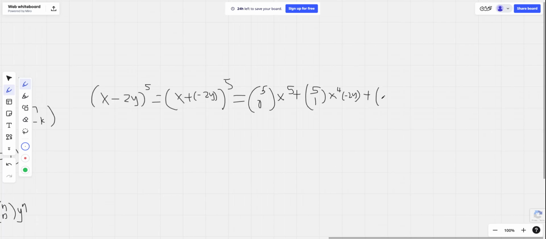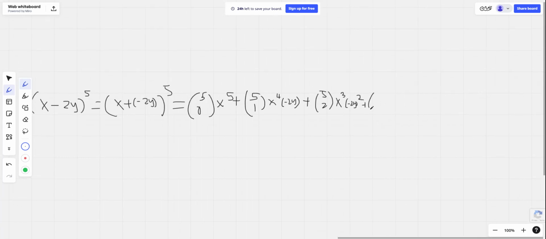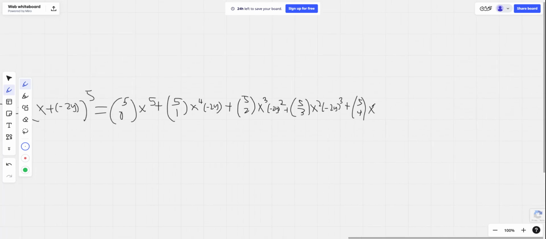And then so on. 5 choose 2, x cubed negative 2y to the 2nd, plus 5 choose 3, x squared negative 2y cubed, plus 5 choose 4, x to the 1st times negative 2y to the 4th, plus 5 choose 5, and then x to the 0, which is just 1, and negative 2y to the 5th.